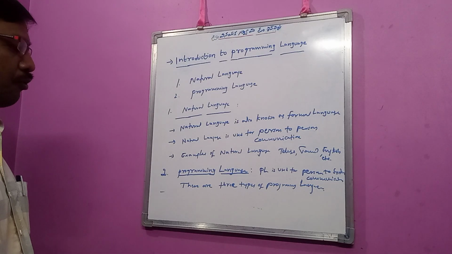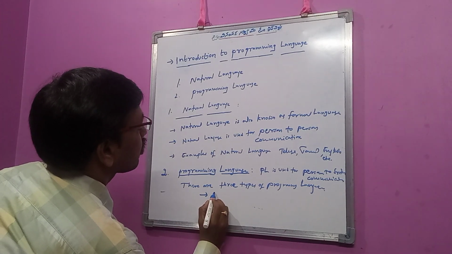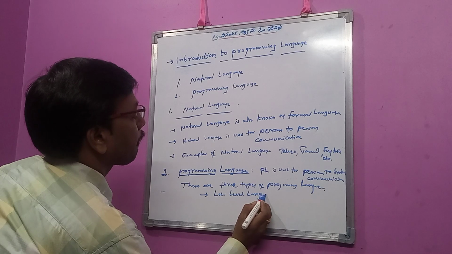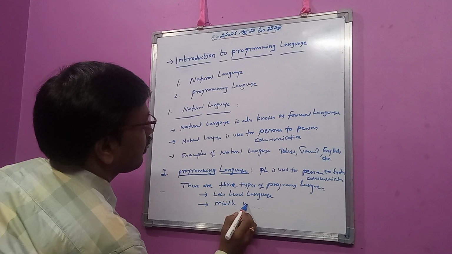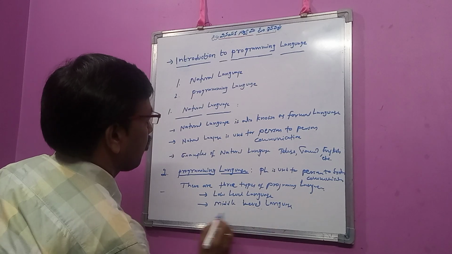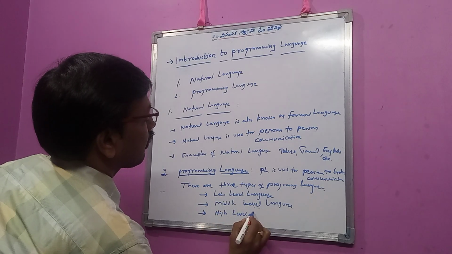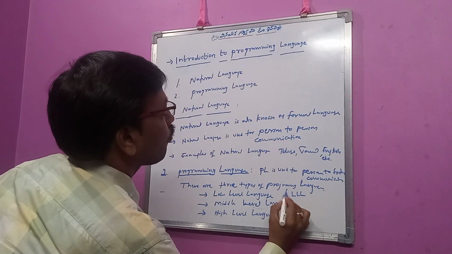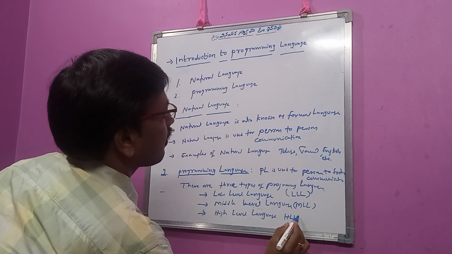There are three types of programming language. First one, low level language, middle level language, high level language. This is LLL, low level language, MLL, middle level language, HLL, high level language.